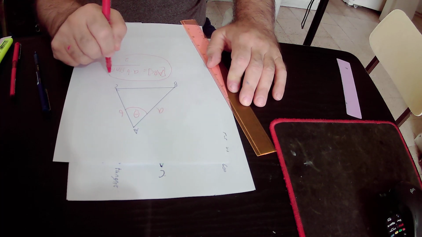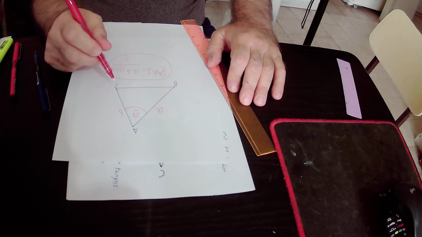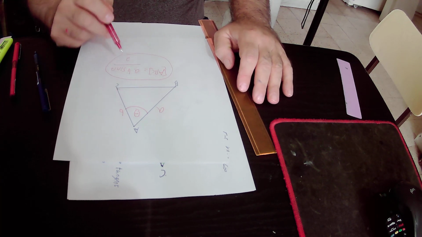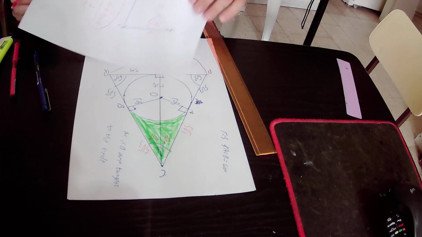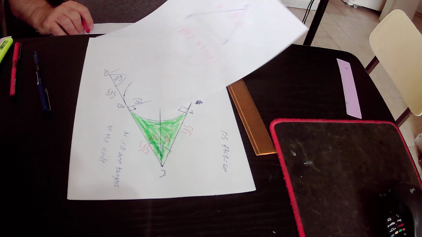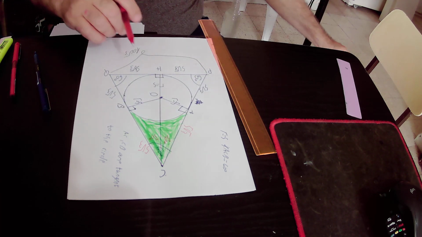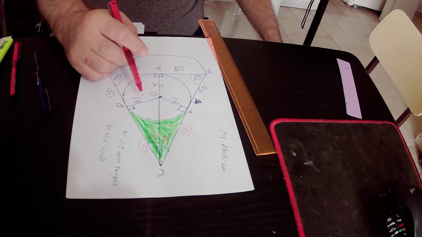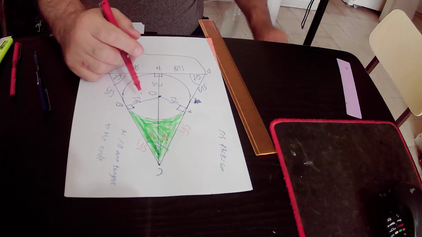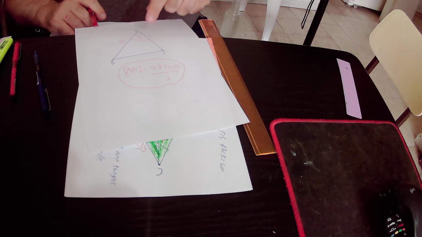Again, the area of this triangle, which could be any triangle, equals A times B times sine theta over 2. Okay? So we will calculate the area of equilateral triangle CPQ according to this formula.